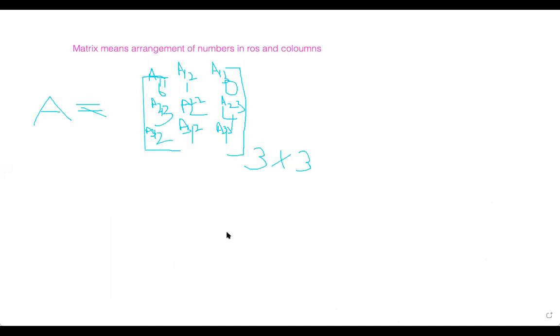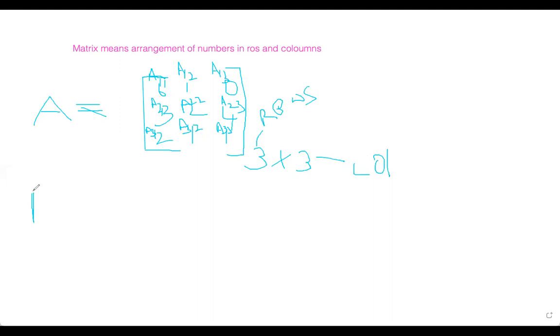Now, we saw that every matrix should have a name. And you're writing that this is called as order of the matrix. This is number of rows. This is columns. Okay.